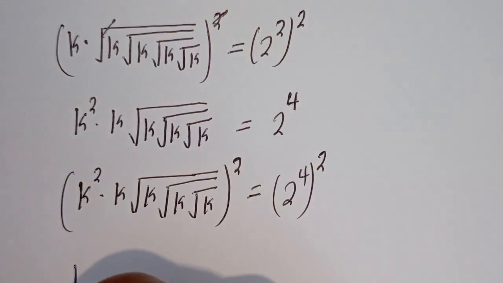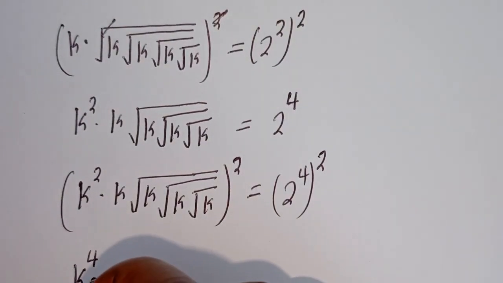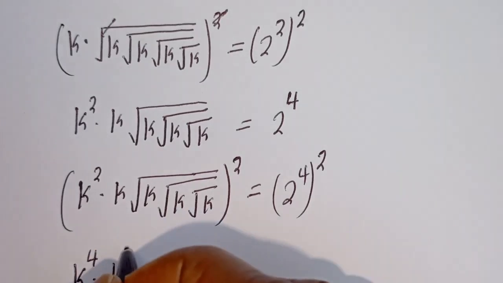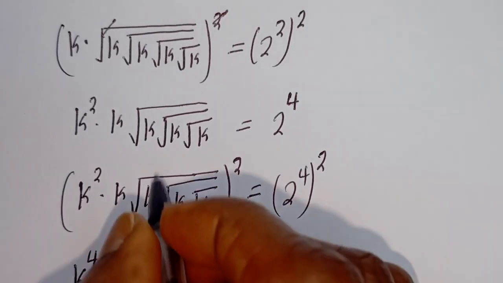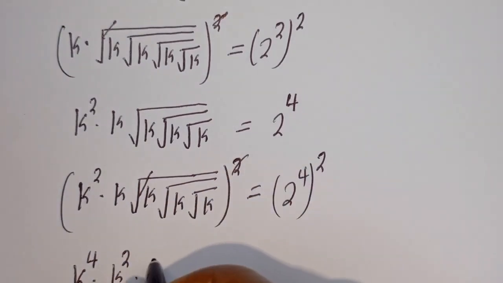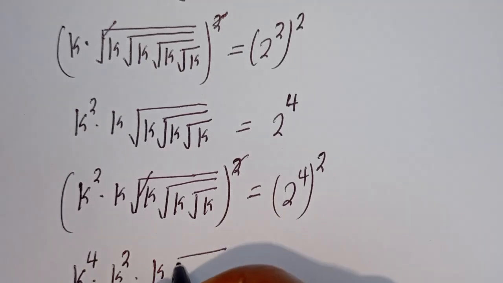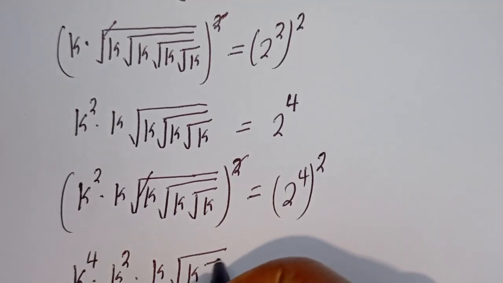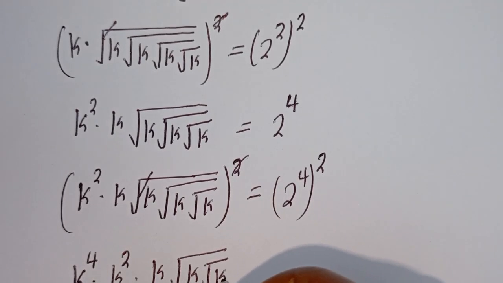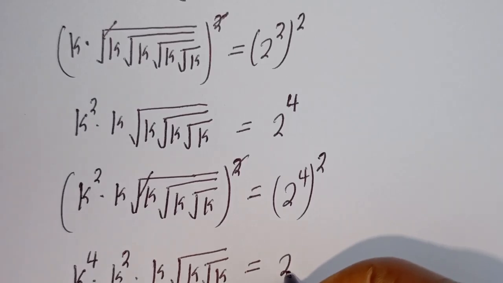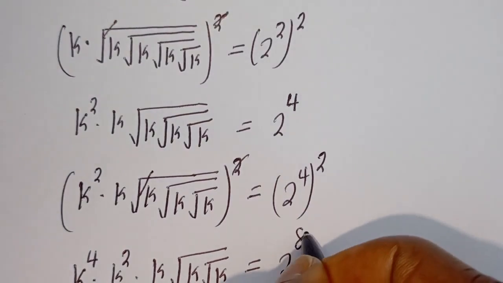Then this is k to the power of 4 multiplied by k squared multiplied by this, we cancel this, k, square root of k, square root of k, is equal to 2 to the power of 4 times 2, that is 8.